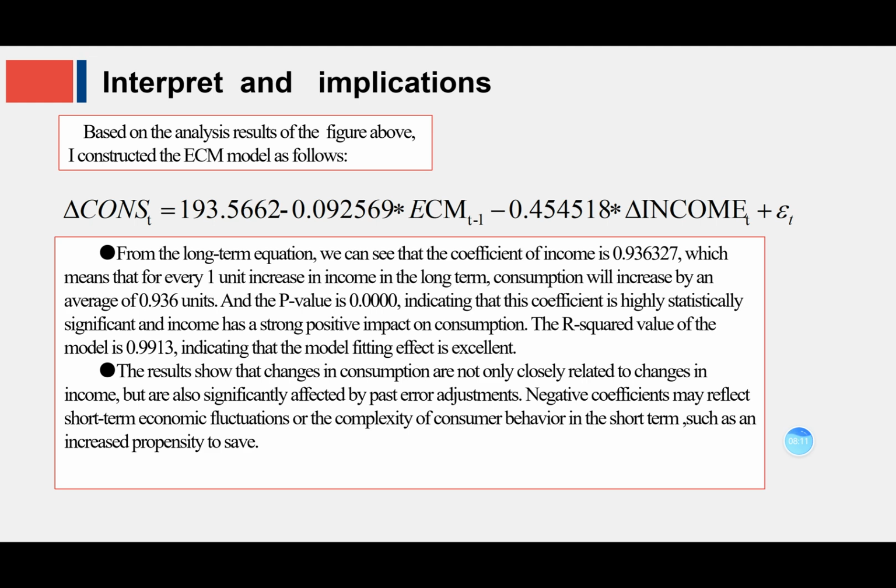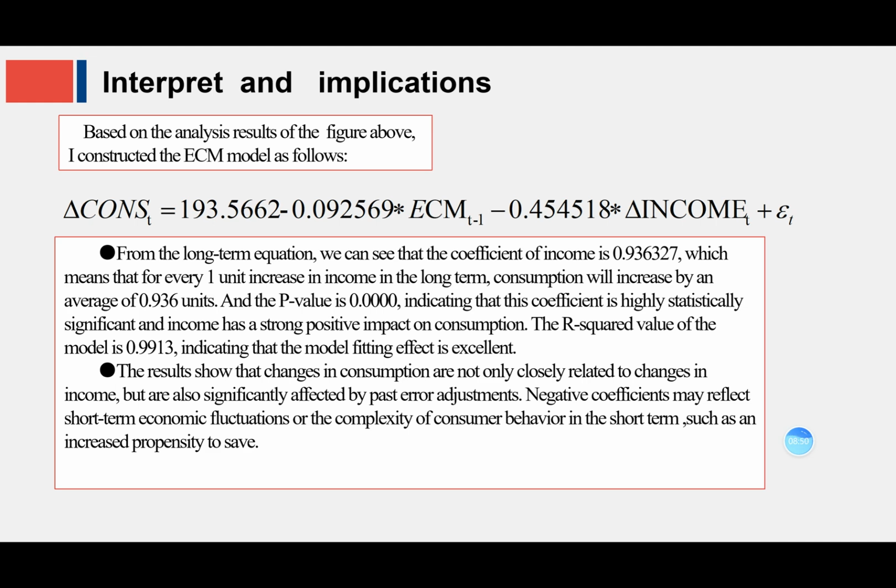From the long-term equation, we can see that the coefficient of income is 0.936327, which means that for every 1 unit increase in income in the long term, consumption will increase by an average of 0.936 units, and the p-value is 0, indicating that this coefficient is highly statistically significant, and income has a strong positive impact on the consumption.